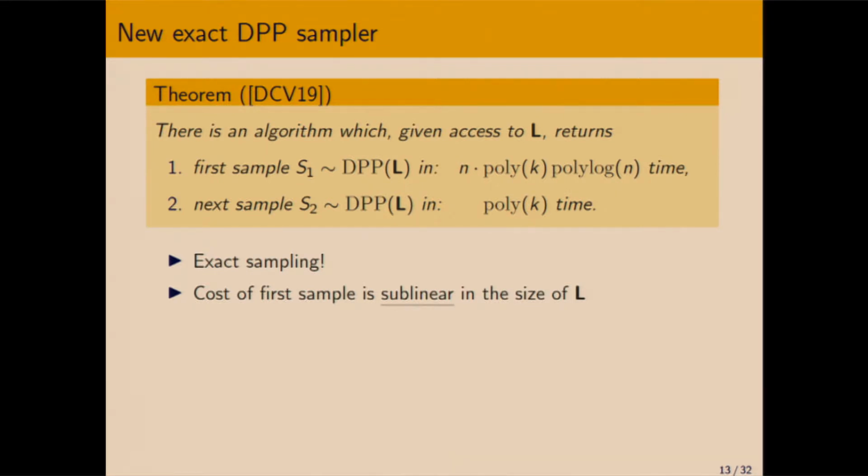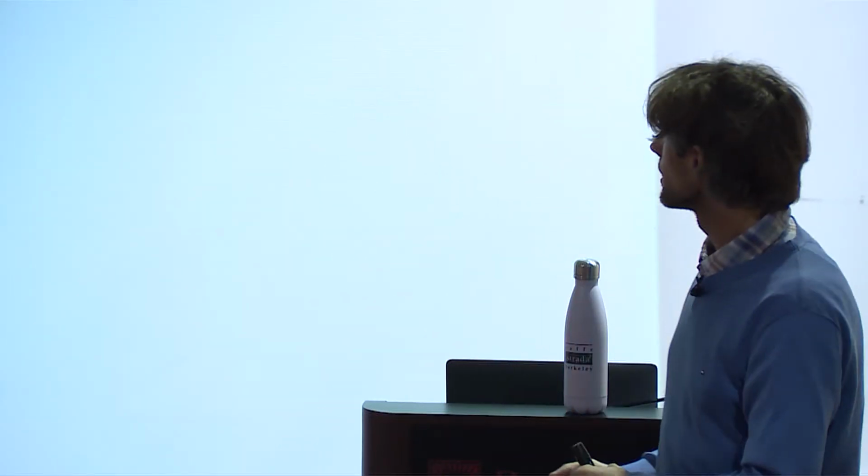This is somewhat analogous to results which talk about approximating PSD matrices in sublinear time, except the cool thing here is that we're not doing any approximating. Under the hood we will be approximating, but in the end we return the exact answer that we wanted to return.